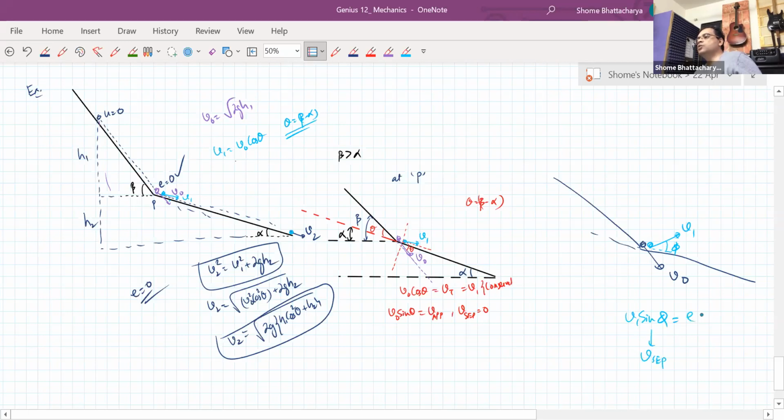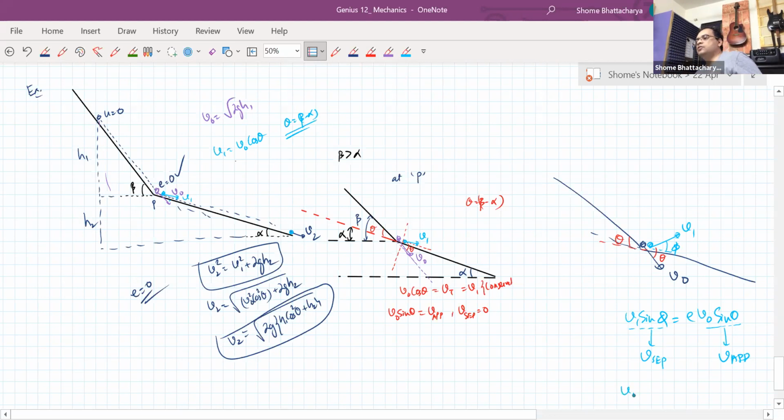That would be equal to E times V0 sin theta, remember, with this inclined plane this angle was theta. Because this V0 sin theta term would be the approach velocity, whereas this V1 sin phi term is the separation velocity.